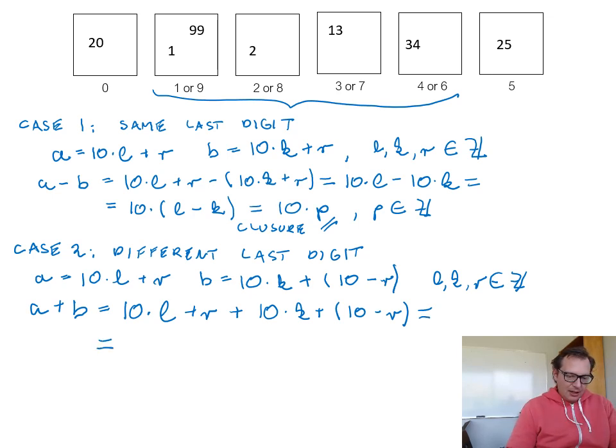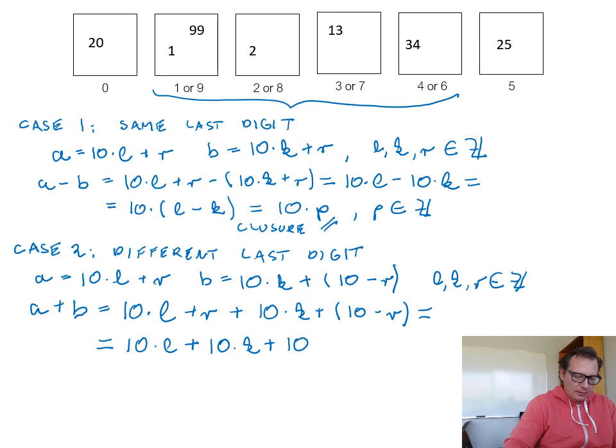So R and R cancel again. So we have 10 times L plus 10 times K plus 10. And that is equal to, we can pull the 10 out, 10 times L plus K plus 1.